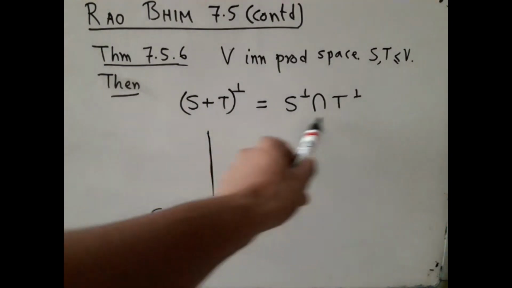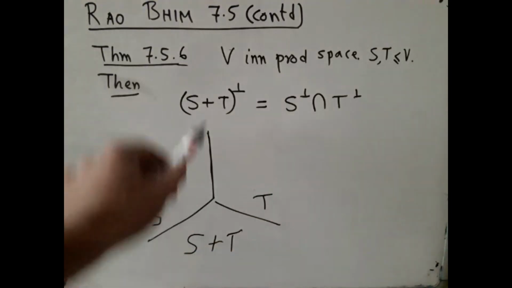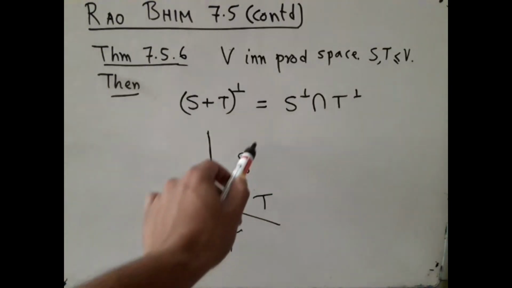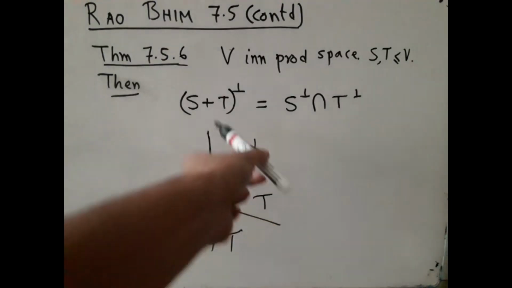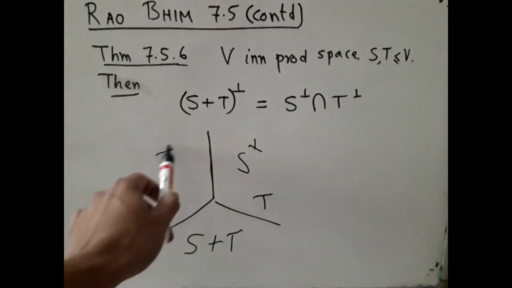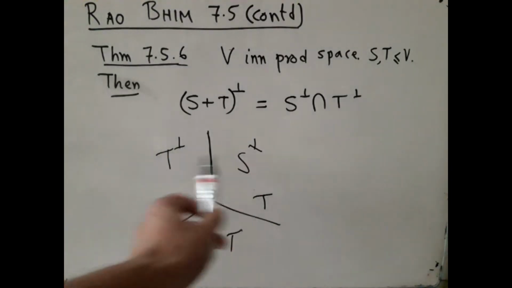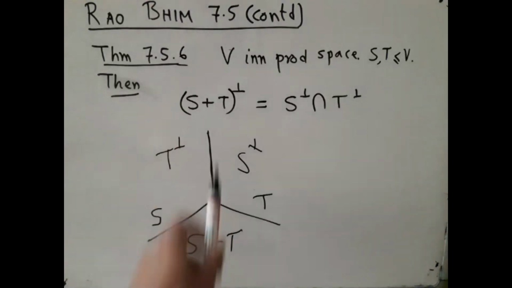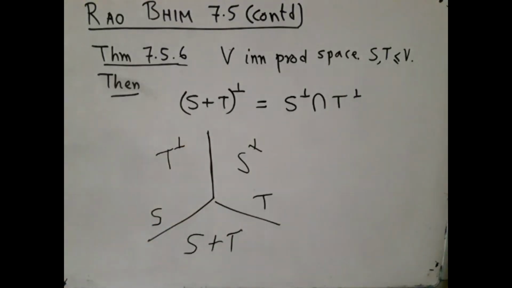Now S perp, the orthogonal complement of S, is the yz plane, and similarly T perp is the xz plane. If I take the intersection of the two, I am left with only the z-axis. So both sides are equal to the z-axis.